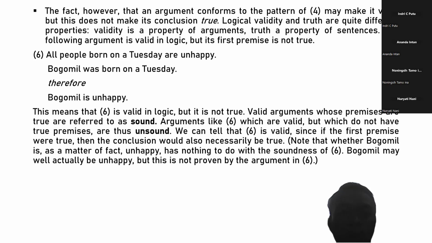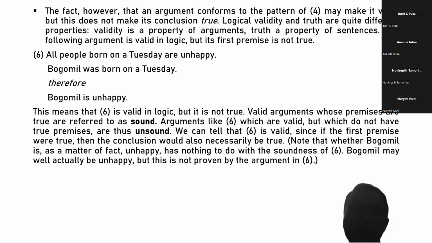Please check again. We can tell that 6 is valid since if the first premise were true, then the conclusion would also necessarily be true. Bogomil may well actually be unhappy, but this is not proven by the argument in 6. Do you get the point?